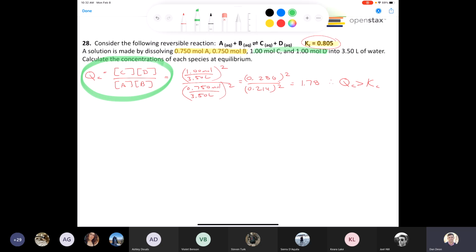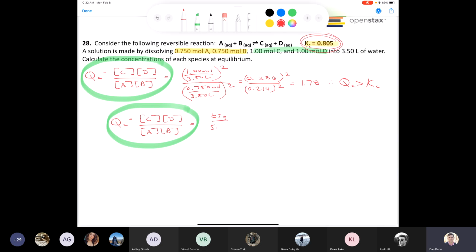If my Q is greater, thanks Mackenzie. Let's break this down again. I'll go over it really slowly here. If we have this equilibrium expression, initially we start with 0.805. That's an equilibrium, this is our equilibrium, but we know that our Q is equal to 1.78. That tells us that the numerator is big over small.